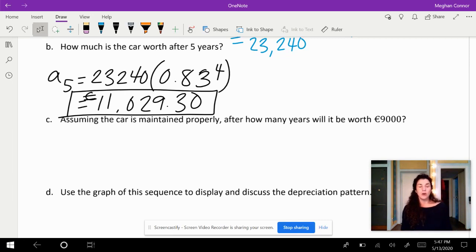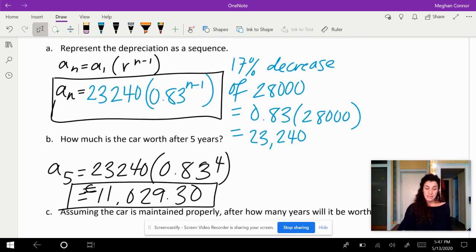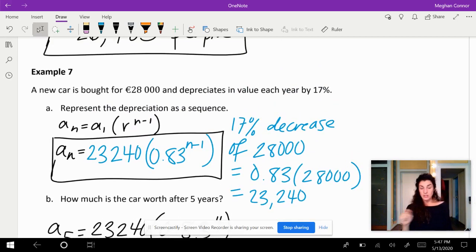If you don't, oh my goodness, your calculator is your savior. You can use the numerical solver, or the financial solver, to solve for this by plugging in what you know. You would not be plugging in 23,240 as your present value. You would be plugging in 28,000 euro as your PV in your financial solver. So you can use your calculator in so many different ways.